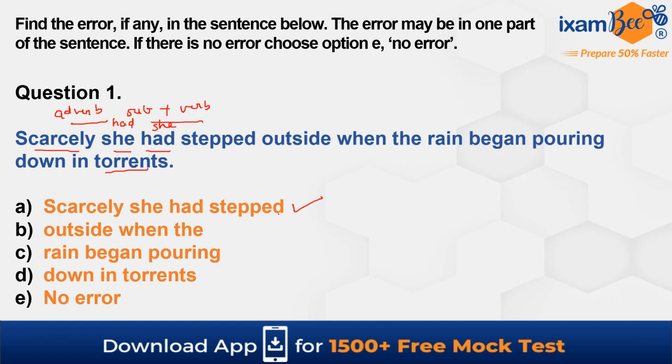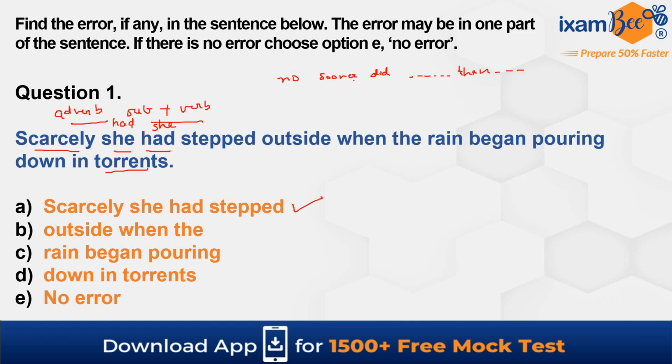So always remember, again I'm narrating the rule to you, that whenever you keep an adverb in the beginning of a sentence, the subject and the verb go through an inversion, right? And you might have also come across a sentence structure saying no sooner, did XYZ happen, and then something happened.